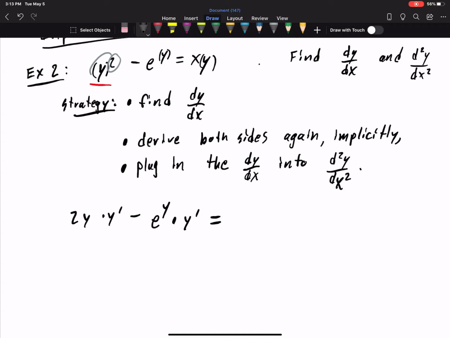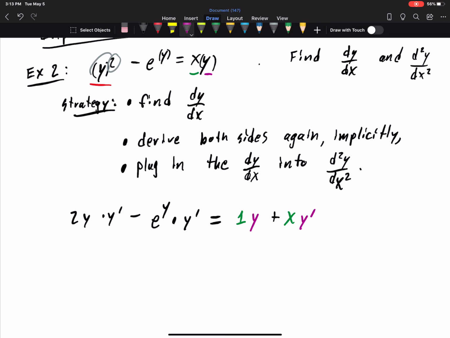Now on the right-hand side, we need to derive this using the product rule because we have two functions in x being multiplied together. Derive the first one, so you get 1 times the second, without changing it, plus leave the first alone, and then derive the second. The derivative of y is y prime. Okay? So we've correctly implicitly derived all of this stuff.